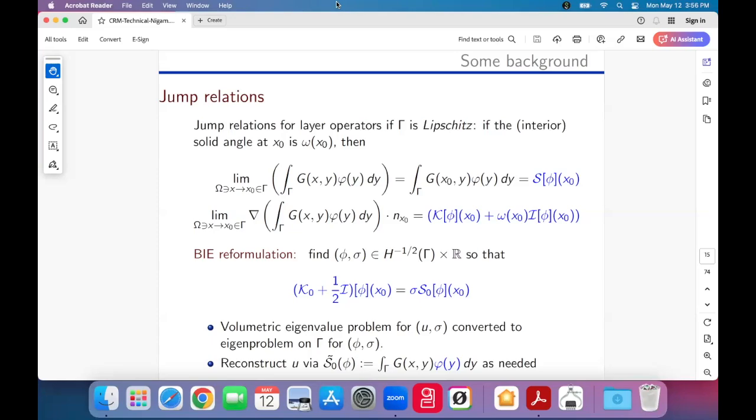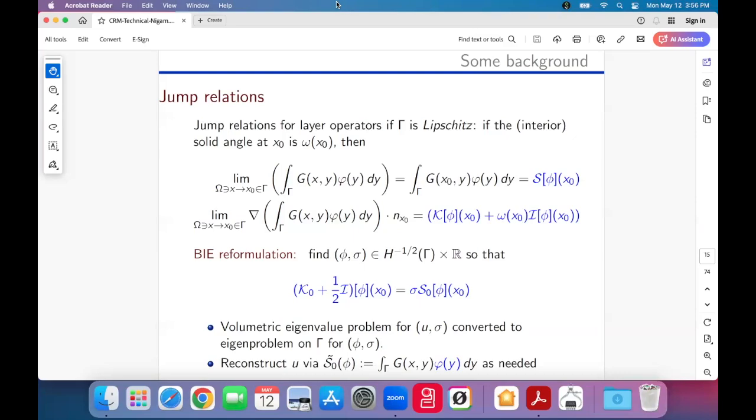But if you take care of this, you're led to this equation in the middle. So 1/2 the identity plus the double layer operator acting on this density phi is a scalar multiple of the single layer. That's the new eigenvalue problem.